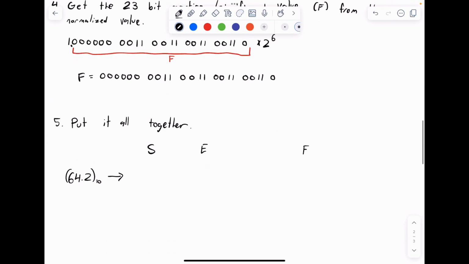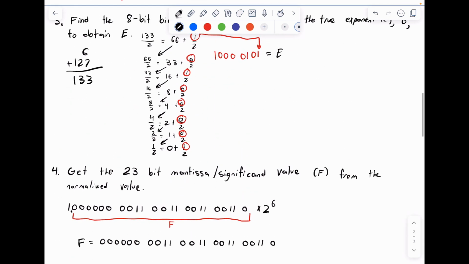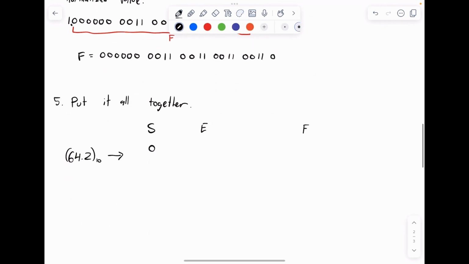And then step 5 is just to put it all together. So the sign bit: 64.2 is positive, so the sign bit should be 0. E will be that 8-bit representation of our biased 127 value of the true exponent 6, so that's going to be 1, 0, 0, 0, 0, 1, 0, 1.